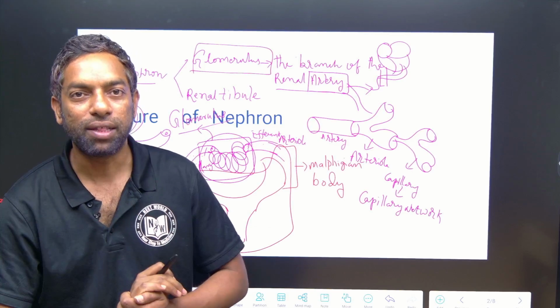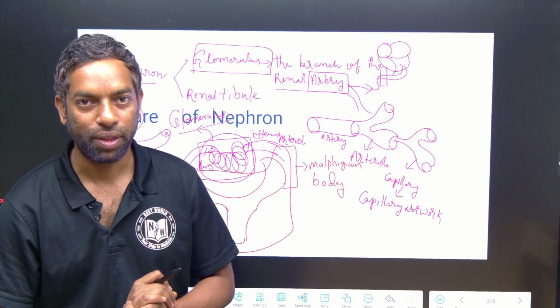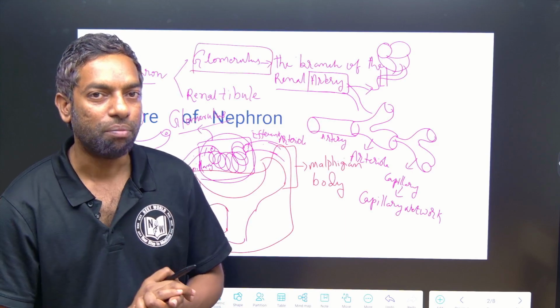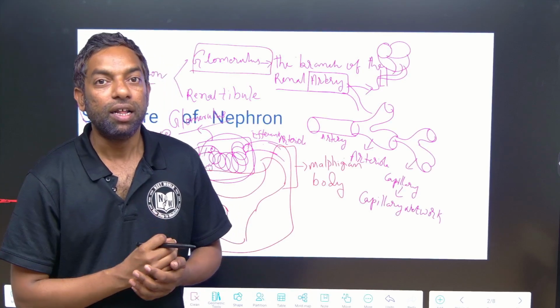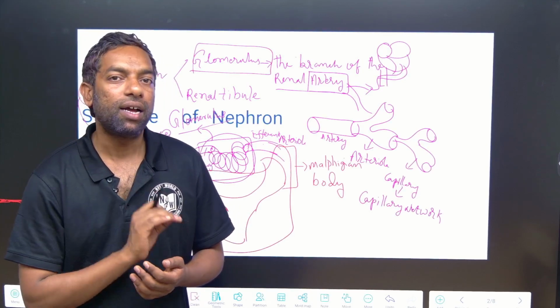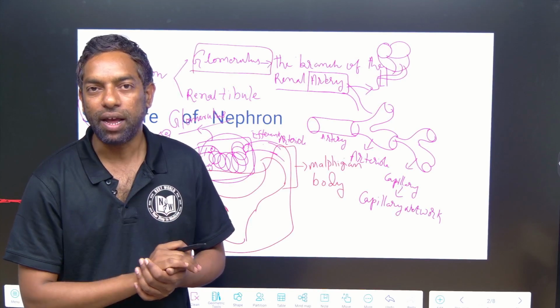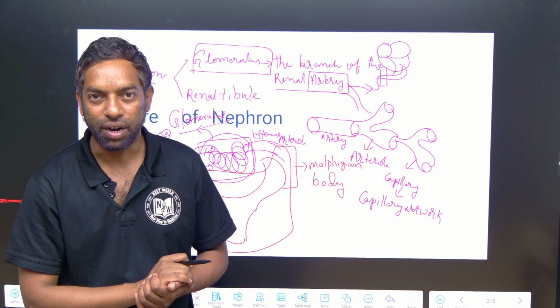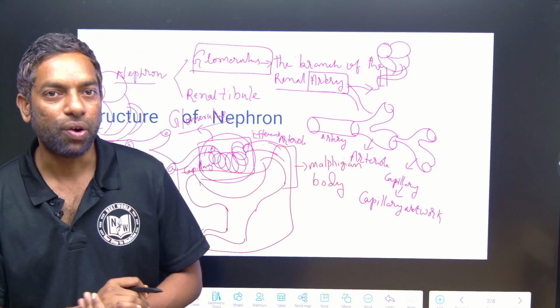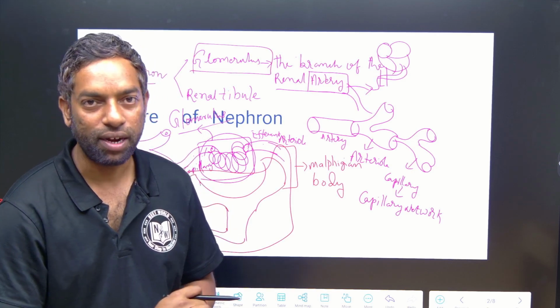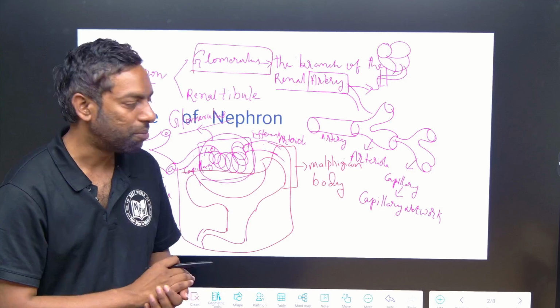Functionally, it filters blood to make urine. There are nearly 1 million nephrons in each kidney, so two kidneys have 2 million, that is 20 lakh nephrons in the human body.